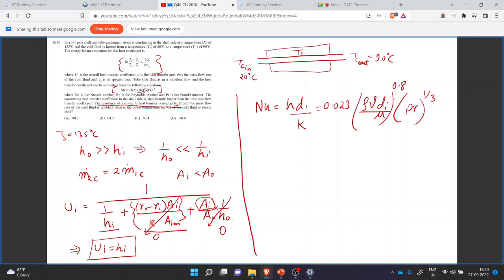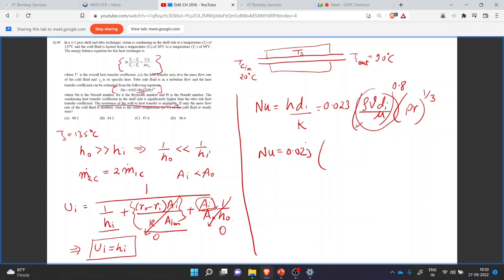So we can write this Nusselt number as 0.023. Let's change these parameters into mass flow rate terms, that is m dot, so that we can have the correlation between the Nusselt number and the mass flow rate, and later on we can calculate the correlation between hi and the mass flow rate.